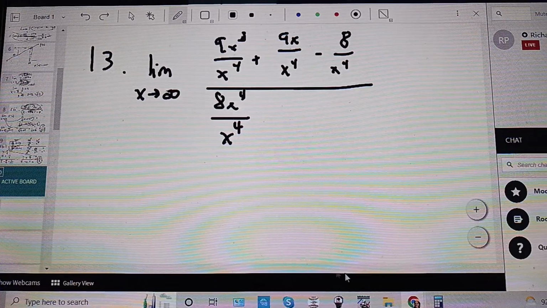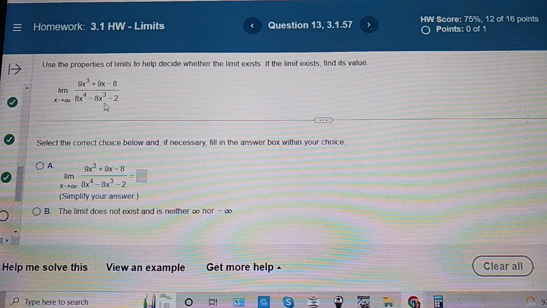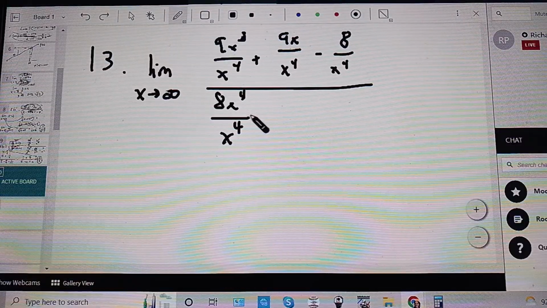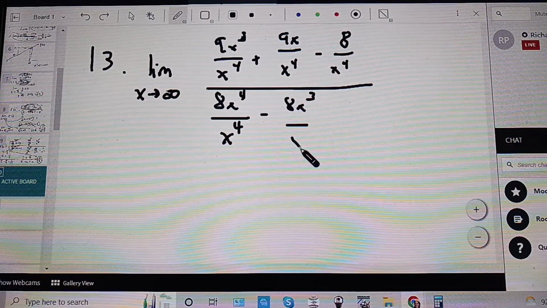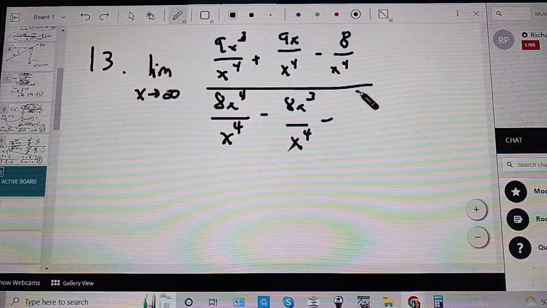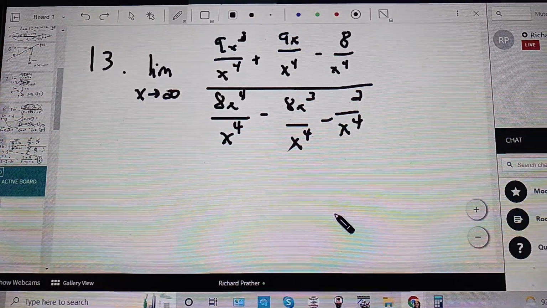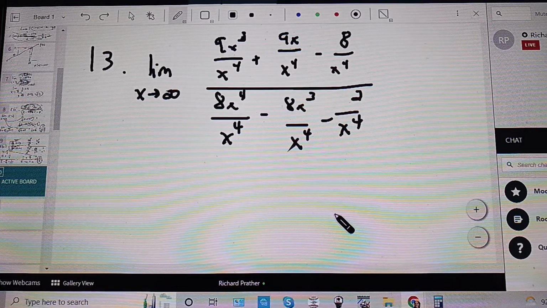You don't need the 8, you just need the x to the 4th. Minus 8x cubed, put that one over x to the 4th, and then minus 2 over x to the 4th. If every term gets divided by x to the 4th, then you're allowed to do that.